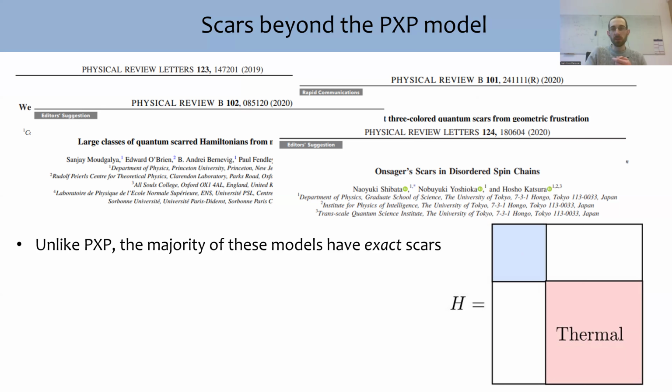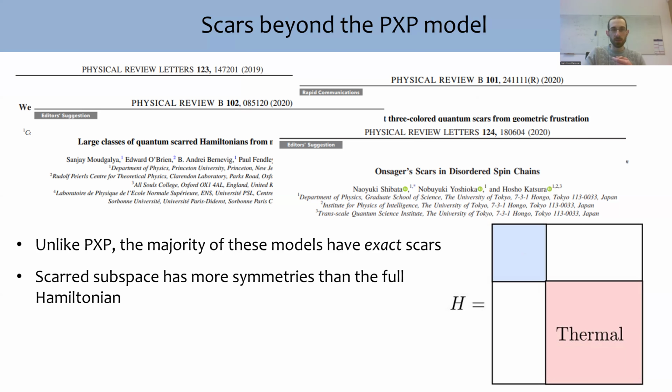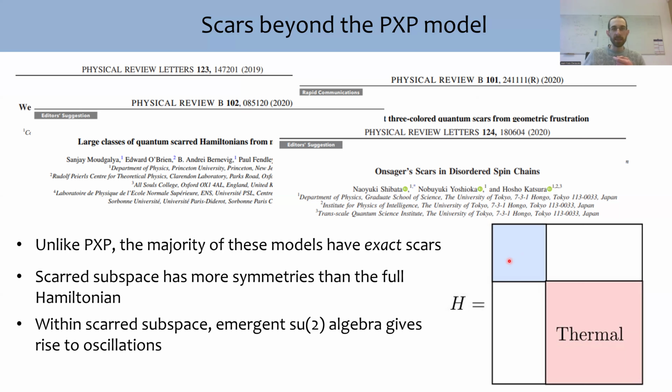And on top of this, most of them have oscillation due to some kind of additional symmetry. So this scar subspace has additional symmetry with respect to the full Hamiltonian, and it usually has an approximate SU(2) algebra in it. So basically, you can understand these scars as precession of a big spin, which is embedded in an otherwise thermal system.